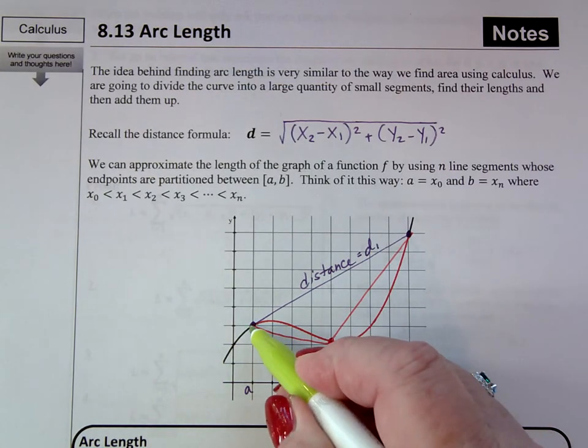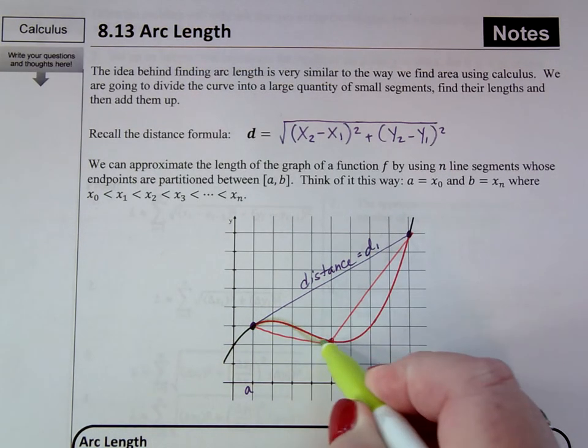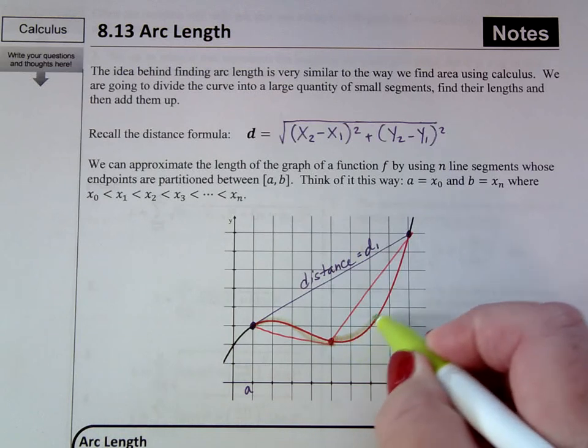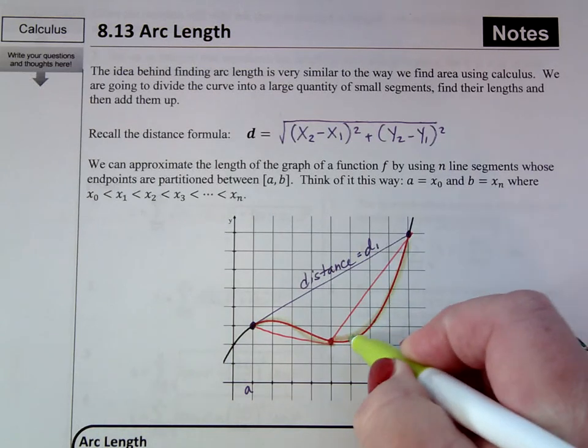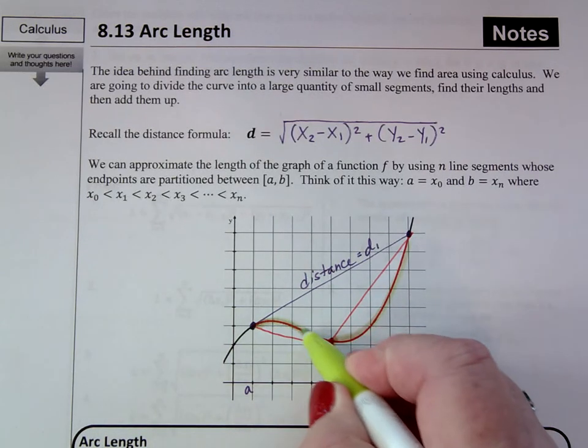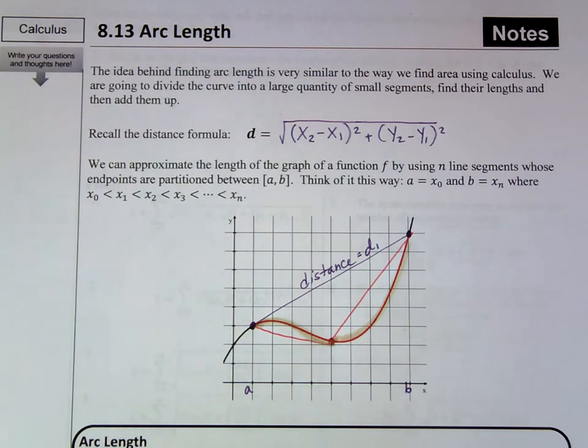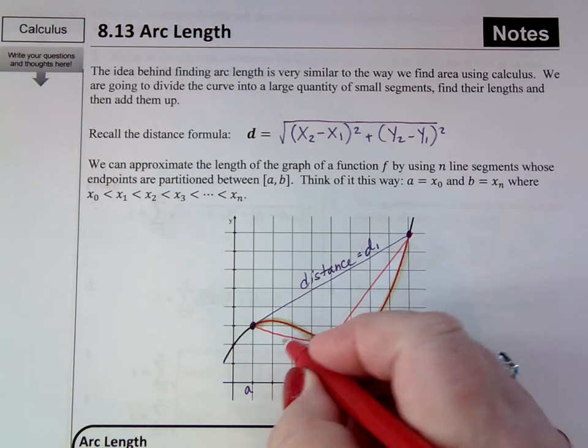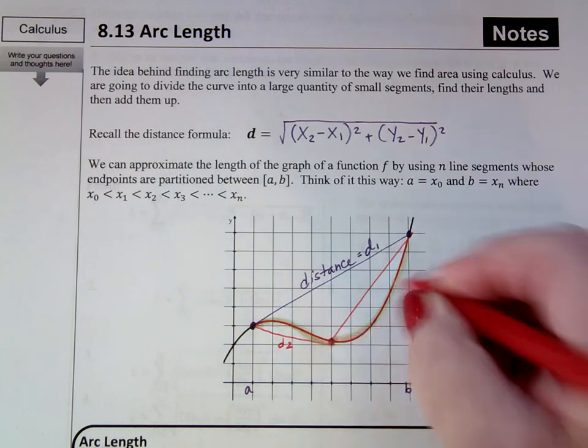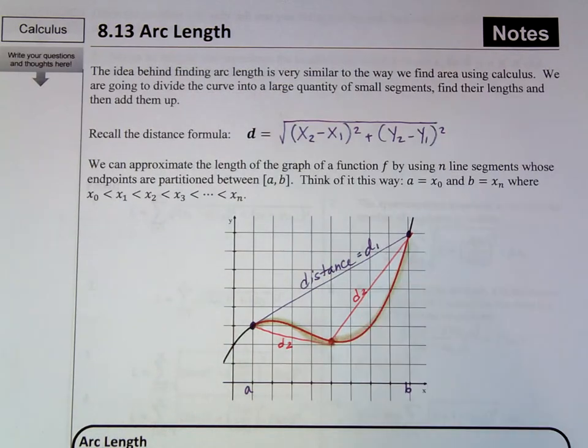See if this helps. All right, here's my curve. And now I've got this is distance 1, and this is distance 2. If I were to add them up, would that be closer to the actual value of the curved distance? And it would certainly be closer than my D1, right?